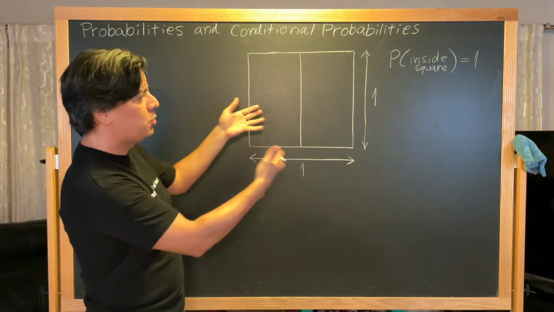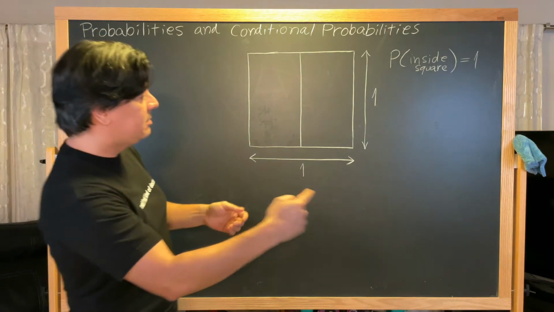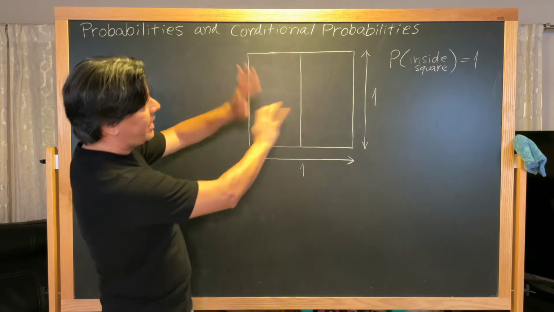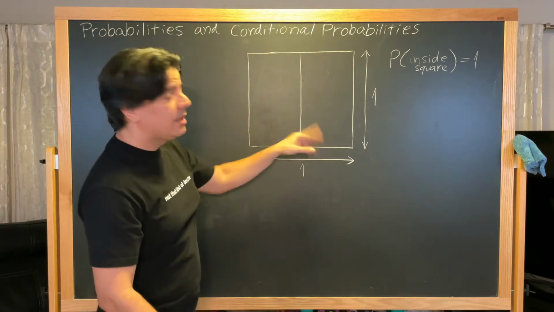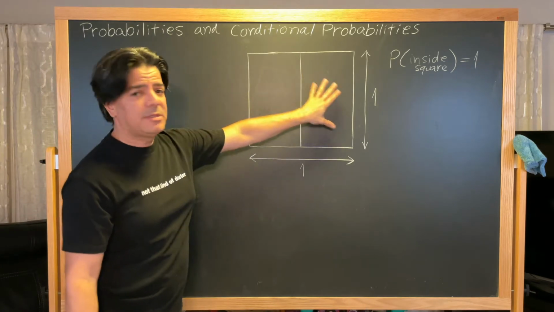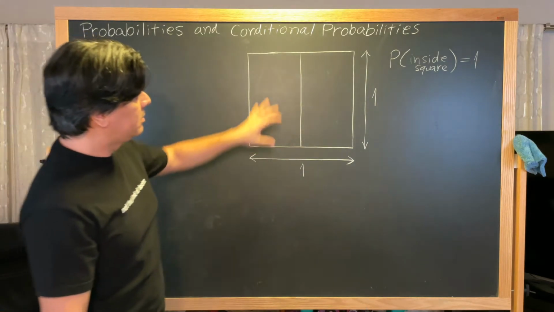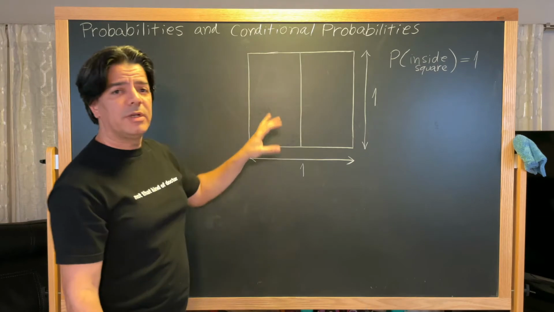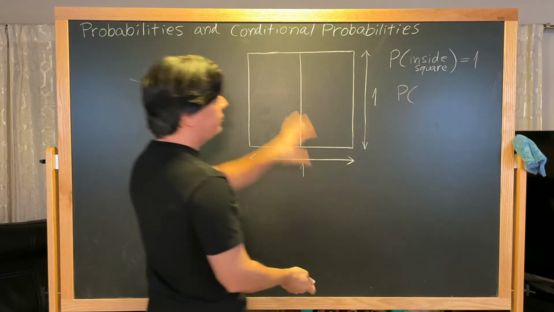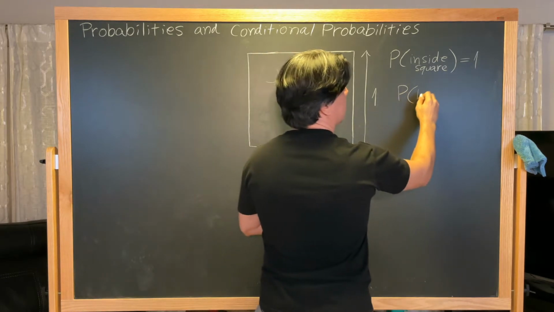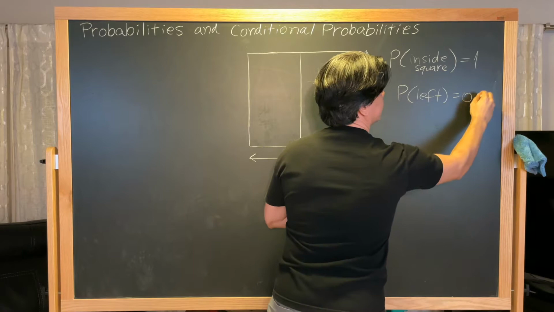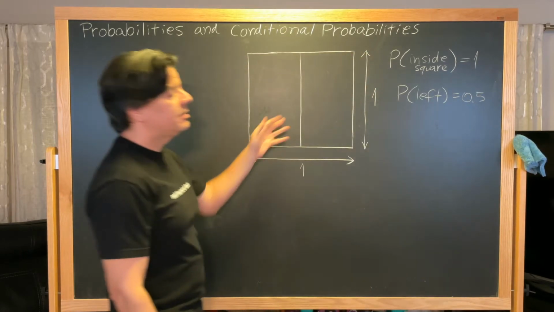Because they're equally big, and this dart throwing machine shoots darts in every direction, equally likely. So the chance it's going to fall here is the same as the chance it's going to fall over there, 1/2 and 1/2, right? So the probability that the dart falls on the left is 1/2, and the same for the right.